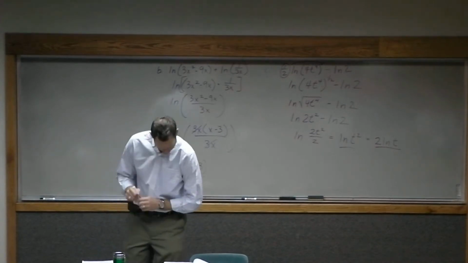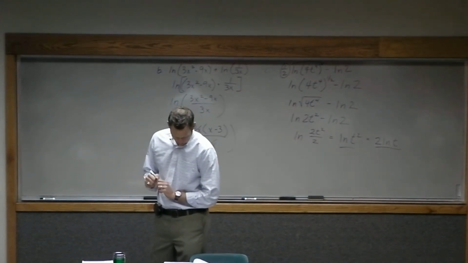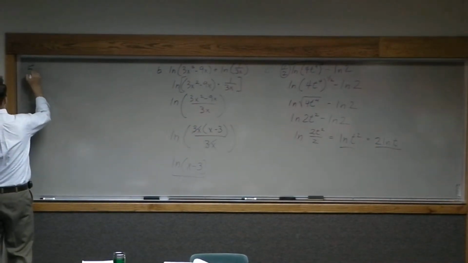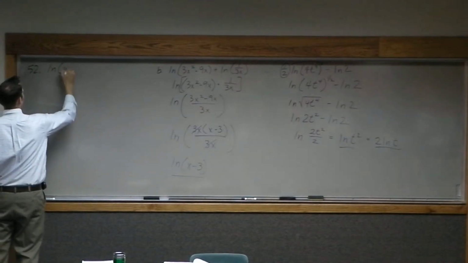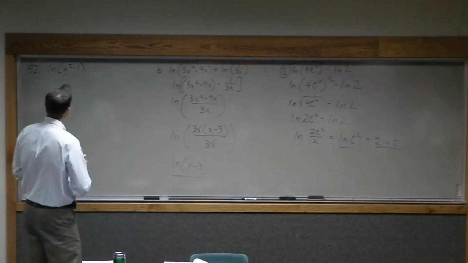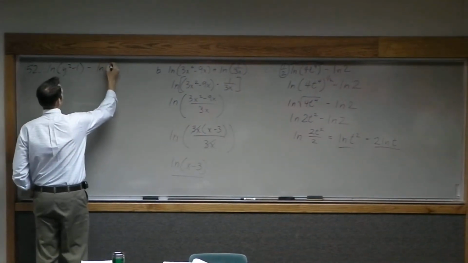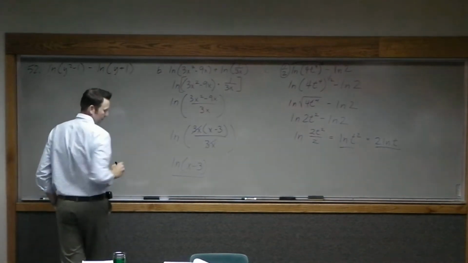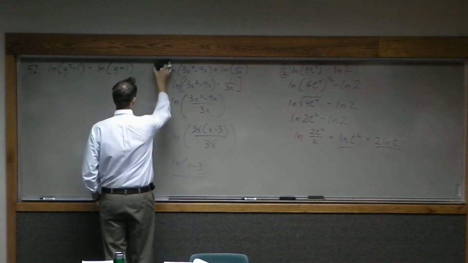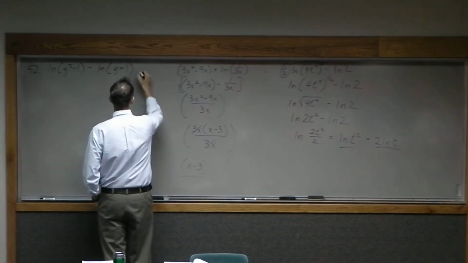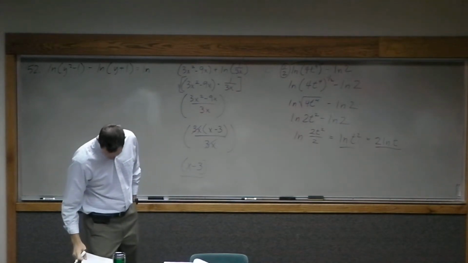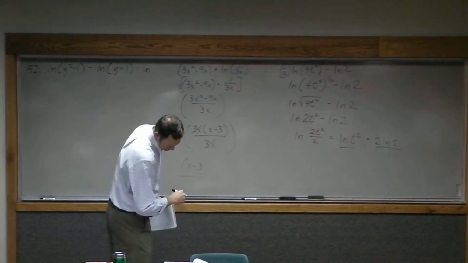Number 52. Okay. It says solve for y in terms of t or x as appropriate. Natural log of y squared minus 1, minus natural log of y plus 1, equals natural log of sin x.